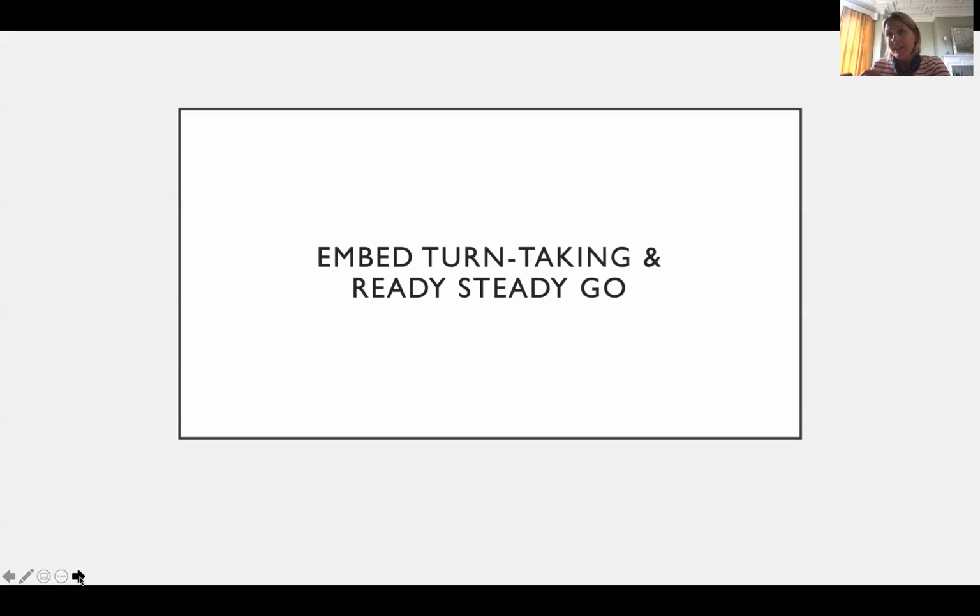When children get to the point where they can cope with ready, steady, relatively long gap, go, you can begin to play with language. So you can begin to use this very same activity to work on listening for meaning. And at this point, it starts to get quite funny. So you might say, ready, steady, stop, or ready, steady, bananas. And you're looking at the child, having to wait, having to listen, but then to consider, what did she say?